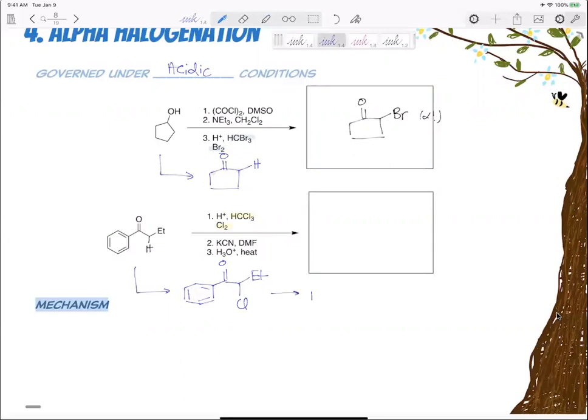Remember in Orgo 1 we saw this? Don't you miss these kinds of reactions? I think Orgo 1 should be doing this right now already, or maybe even past it. Okay, and then H3O plus. What does H3O plus do? Anyone remembers? This is from exam 3.